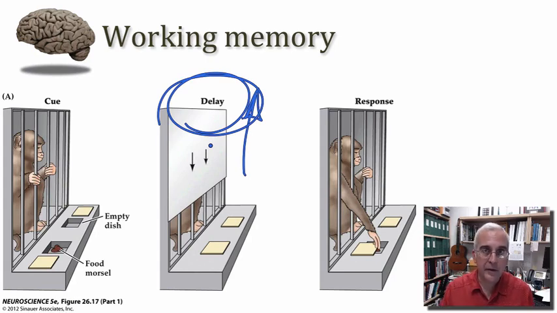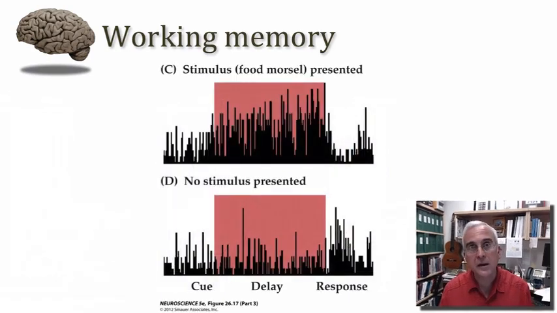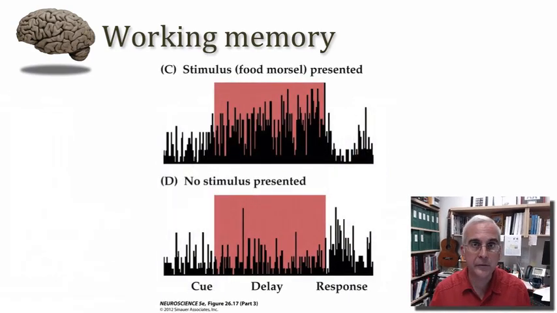The goal of the pending behavior is held online until that time when that behavior can be executed, in this case a visually guided reach. Well, what Dr. Rakic was able to demonstrate is that there are neurons in this dorsolateral prefrontal associational network whose firing rates are modulated by this delay.